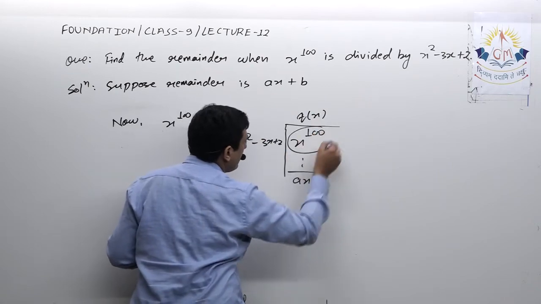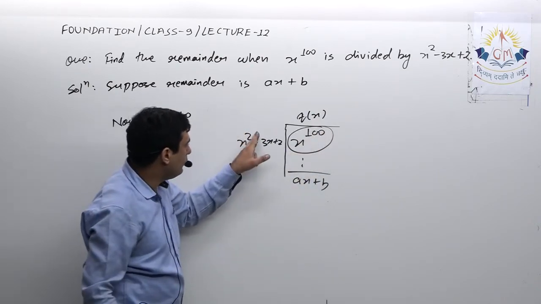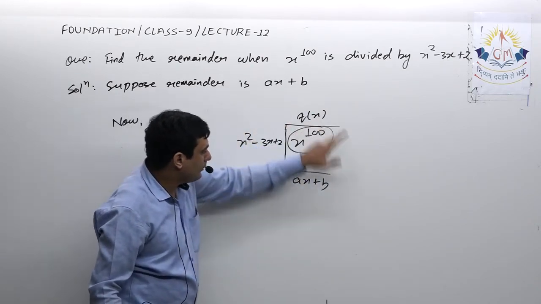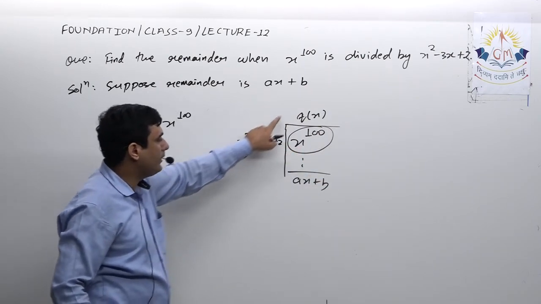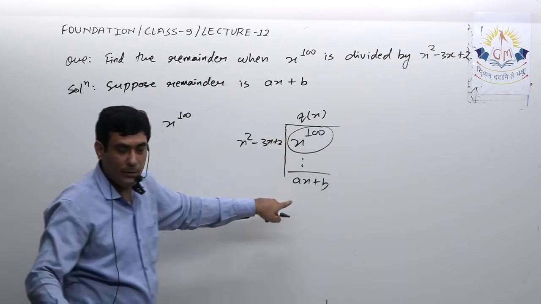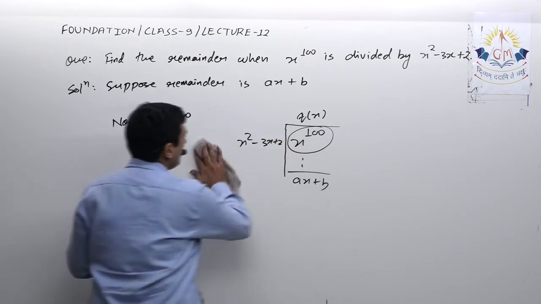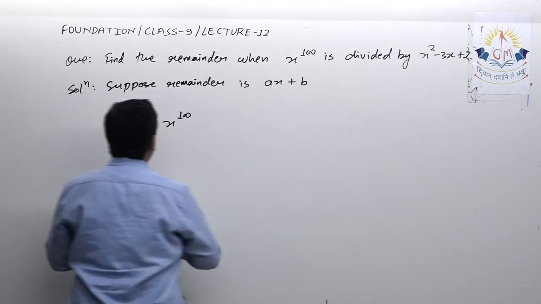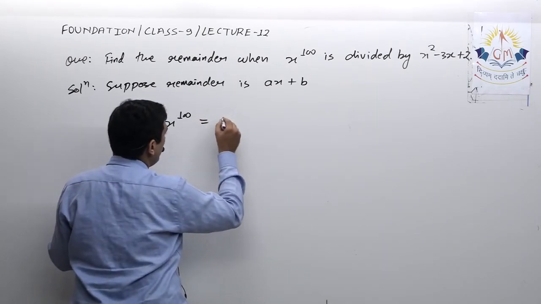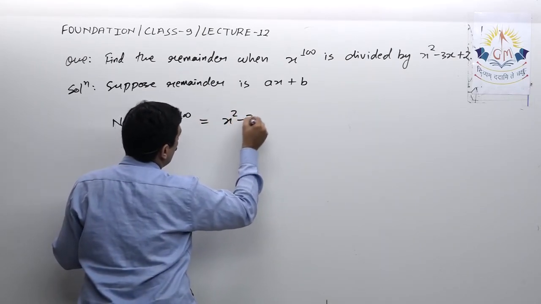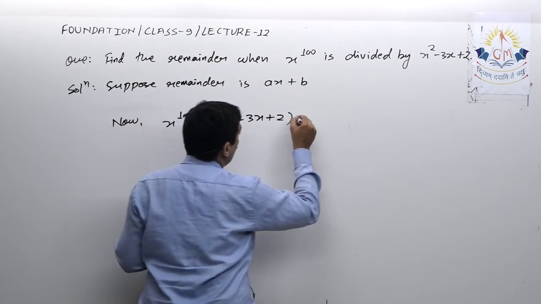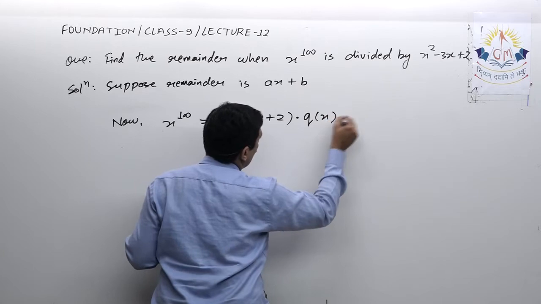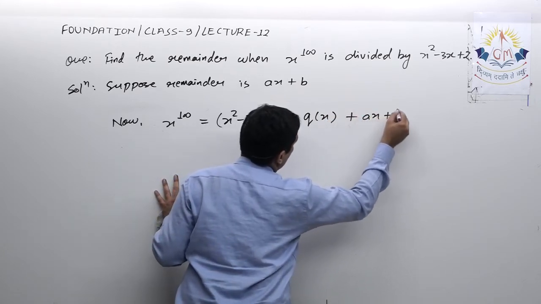So dividend is equal to divisor times quotient plus remainder. Using this concept I can write x raised to 100 is equal to x square minus 3x plus 2 into qx plus ax plus b.